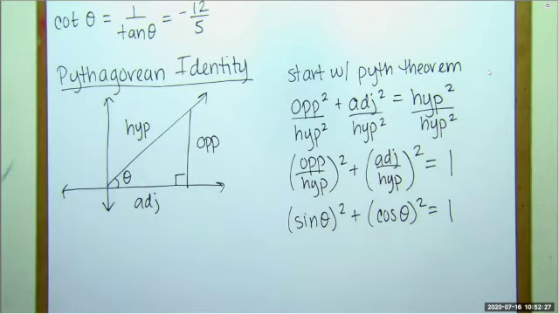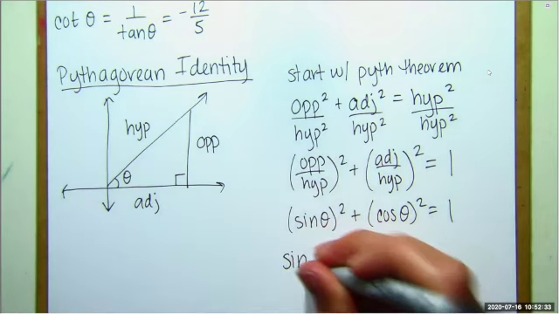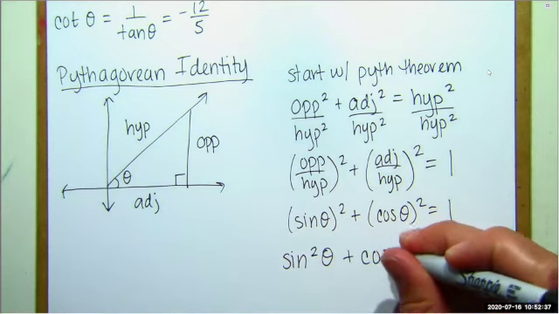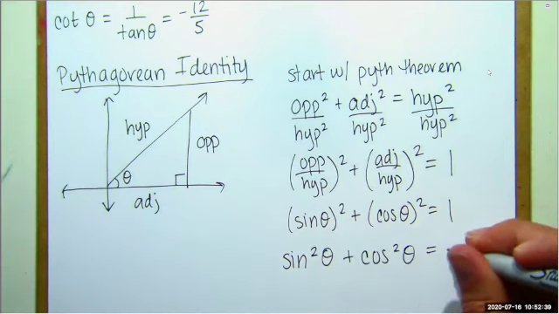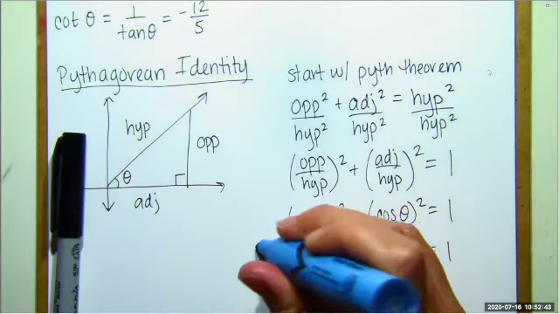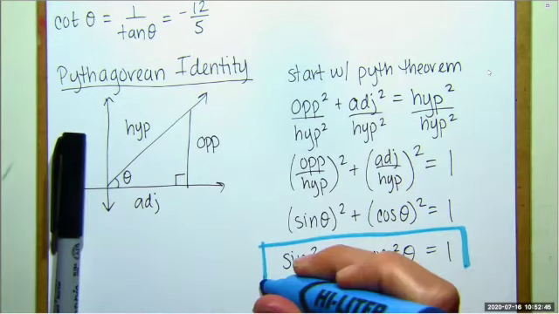The way we normally write this is sine squared of theta plus cosine squared of theta is equal to 1. This is the Pythagorean identity.